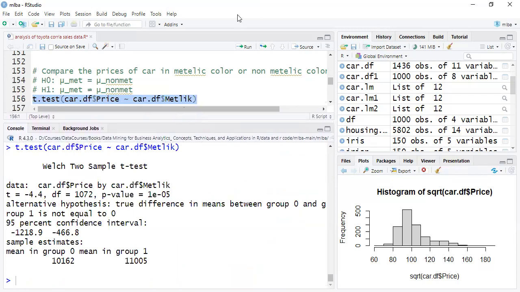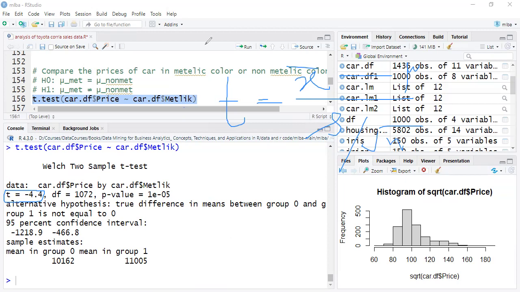What is the output indicating? The value of the t-test, t statistic, is minus 4.4. How is this t-test computed? Does some student have an idea about the calculation of the t-test? X bar minus mu upon s upon root n. This is the simple t-test, but here we are applying either the pooled t-test or the non-pooled t-test.